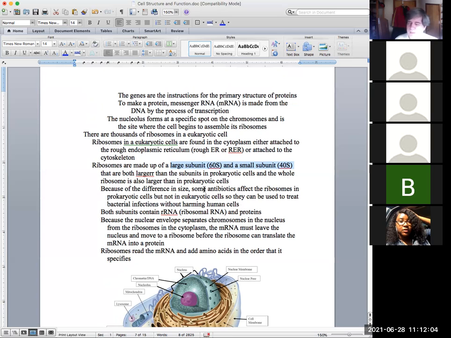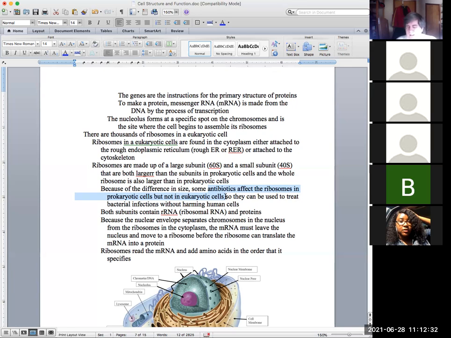So there are some antibiotics like tetracycline that affect the ribosomes in prokaryotic cells, but not in eukaryotic cells. Because, remember, as we keep saying, everything on a molecular level works by its three-dimensional shape. So the ribosomes in a prokaryotic cell are different sizes, and that means different shapes than in a eukaryotic cell.